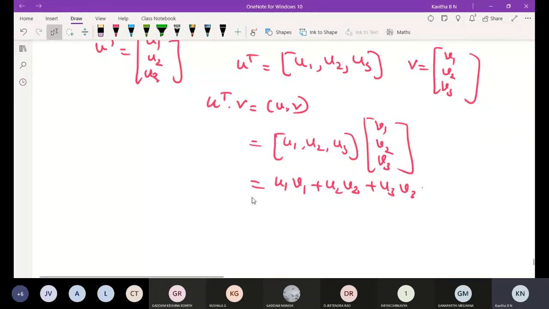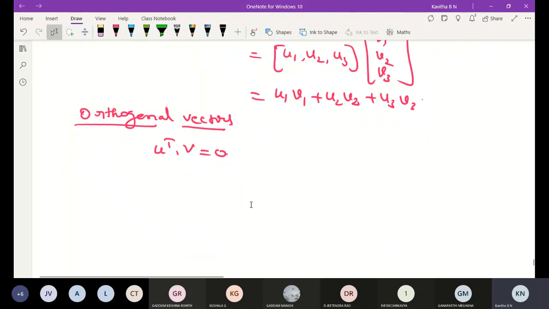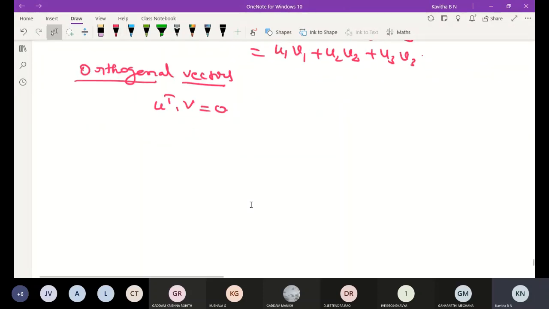Then orthogonal vectors means U transpose dot V is equal to 0 only. Orthogonal vector means U transpose dot V is equal to 0. Then how to draw the diagram here?